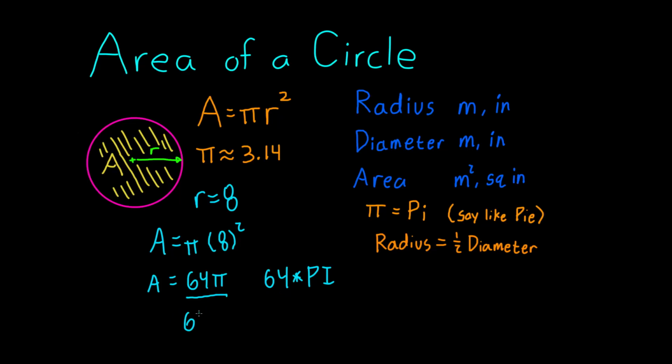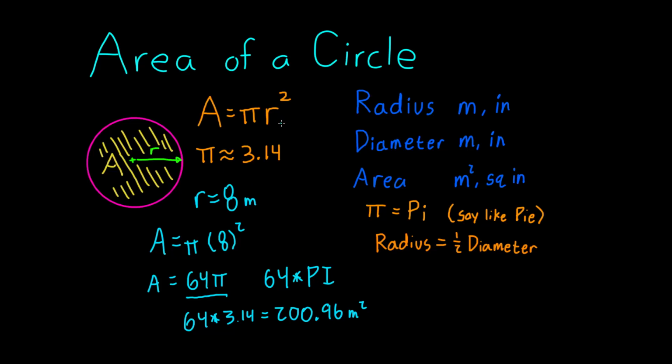Now this is not an exact answer because pi has many digits, but we get 200.96. And so that's it. Let's say that this was in meters. Then this would be meters squared, for example.